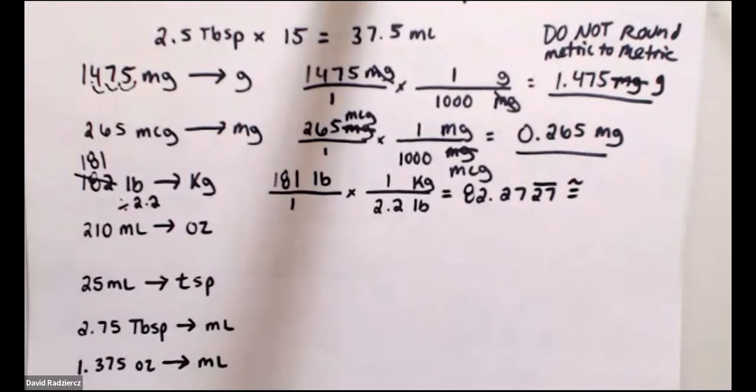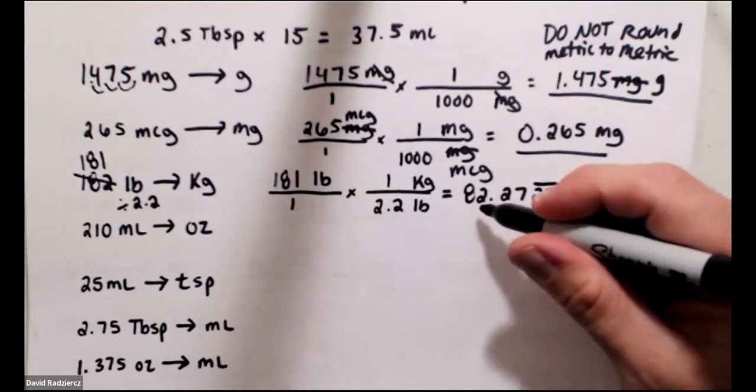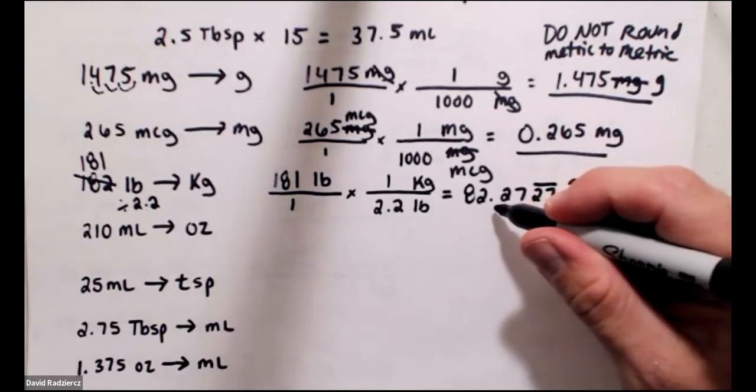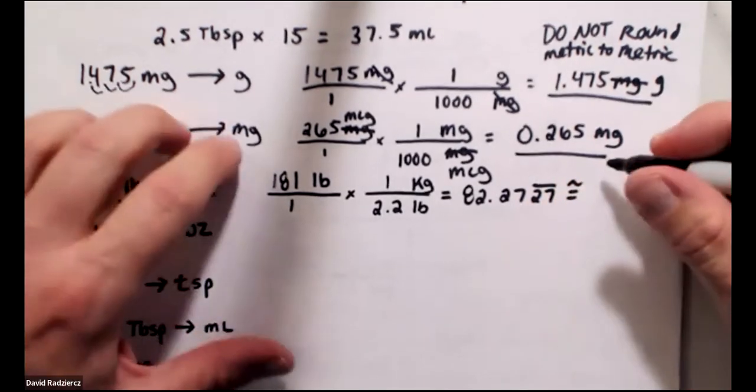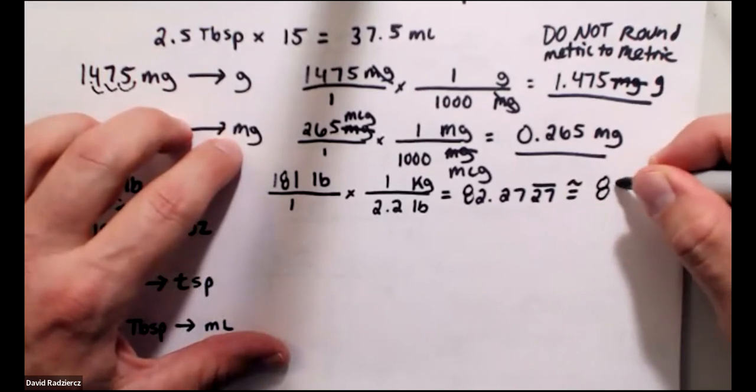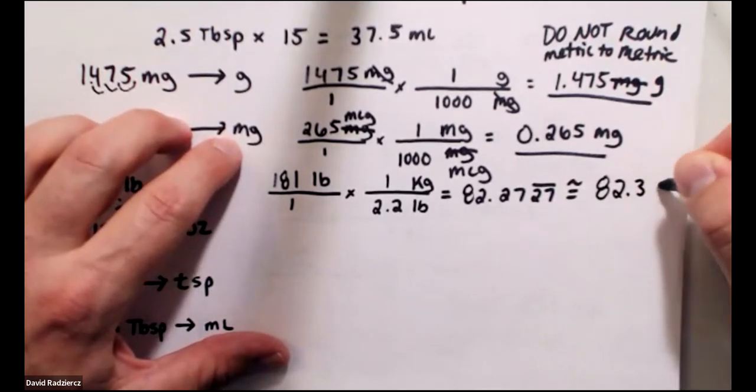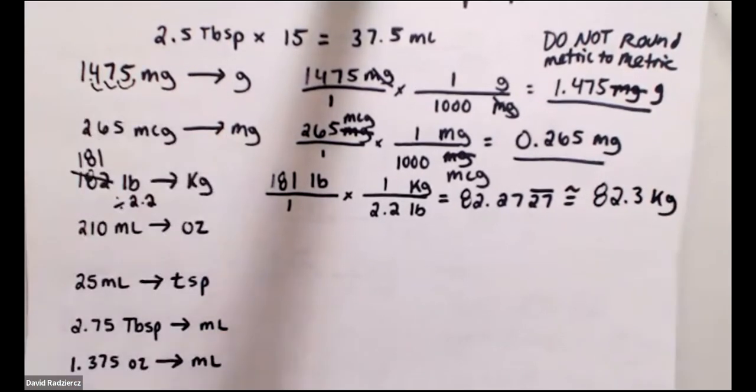Now, I'm not going to leave that answer and then write out a whole bunch of 27s because it goes on indefinitely. This is where you're going to round. If it's a number greater than 1, round to the nearest 10th. So the answer for this would be 82.3 kilograms.